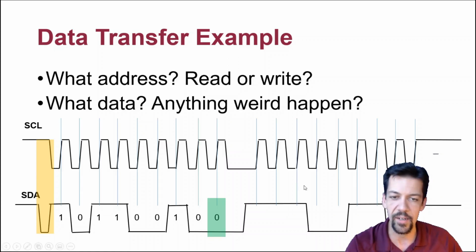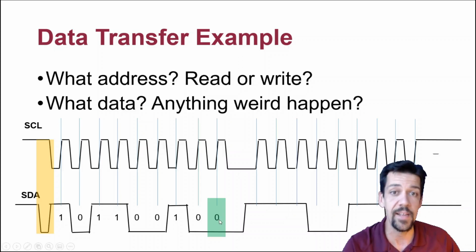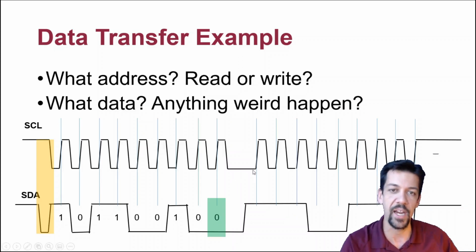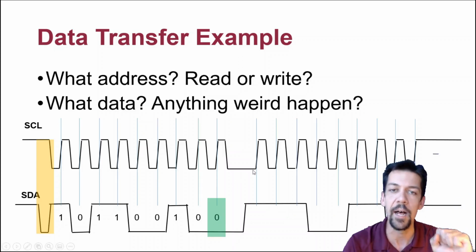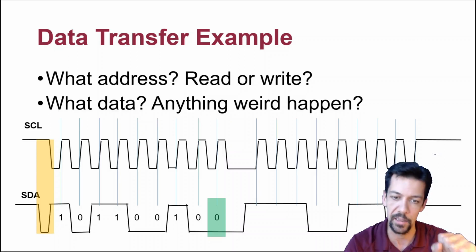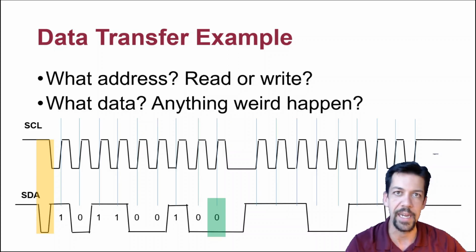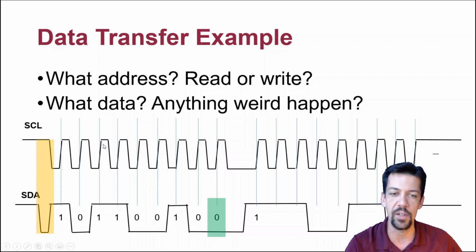But what we see next is the clock line has gone low. So the slave is saying, hold on, let me get ready by pulling the clock line low. So we have a clock stretch here, and once that's set up, then we can start latching in new data.